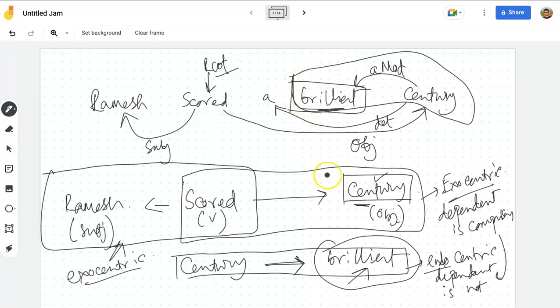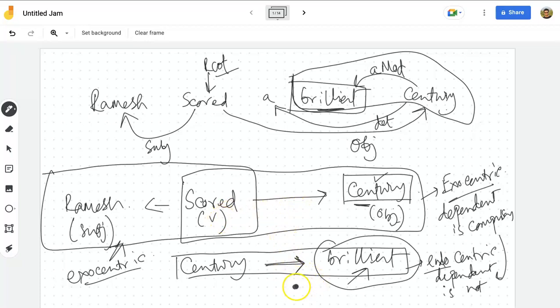So this kind of relation is called an endocentric relation, where the dependent is not that necessary. If it is there, it is fine, but if it is not there, it is still okay. It is not changing the structure or the meaning of the sentence. So relations like verb to object or verb to subject are exocentric relations.